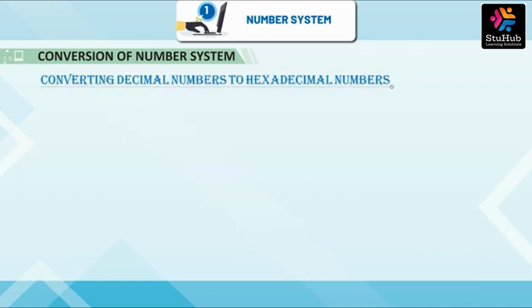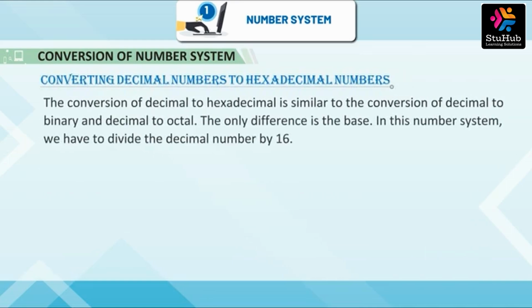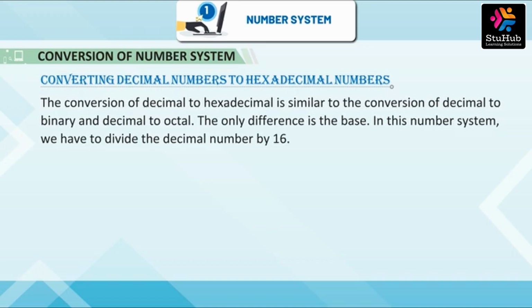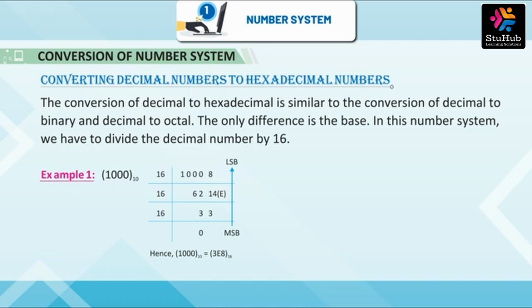Converting decimal numbers to hexadecimal numbers. The conversion of decimal to hexadecimal is similar to the conversion of decimal to binary and decimal to octal. The only difference is the base. In this number system, we have to divide the decimal number by 16. Example 1. 1000 with base 10.